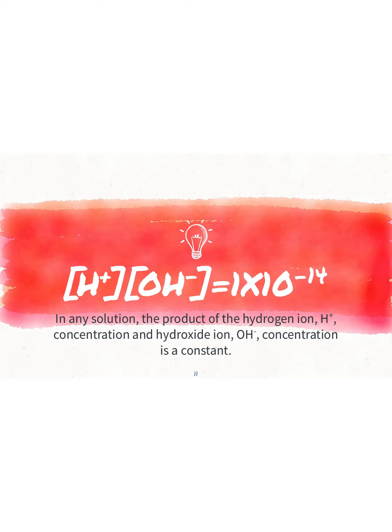Once again, this is the key equation that you want to learn and practice so that you can easily determine the unknowns we're interested in, whether it be pH, hydrogen ion, or hydroxide ion.